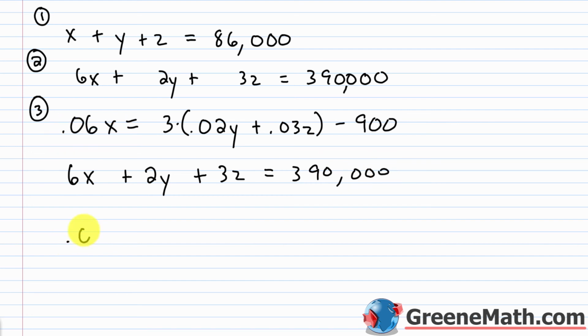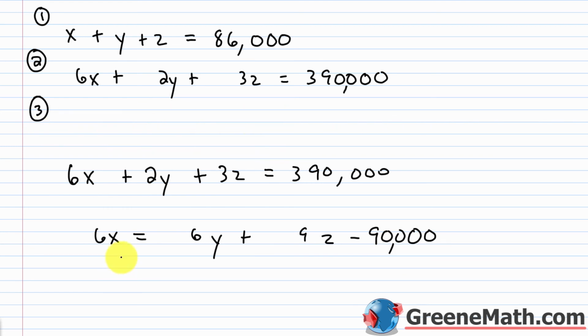So 0.06x equals 3 times 0.02 is 0.06, then times y, plus 3 times 0.03 is 0.09, then times z, minus 900. Now again, I can clear the decimals by multiplying everything by 100. So this would go 2 places to the right, that would be 6x. This goes 2 places to the right, it'd be 6y. This would be 9z. And I'd put 2 zeros at the end here to give me 90,000. So I can erase this.